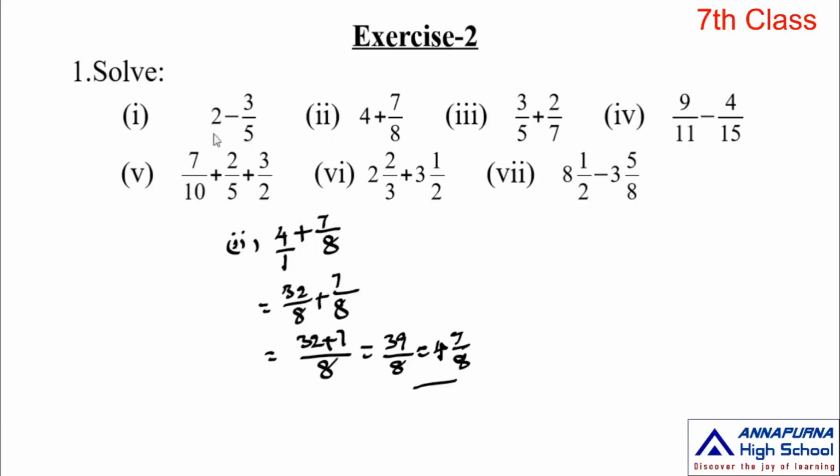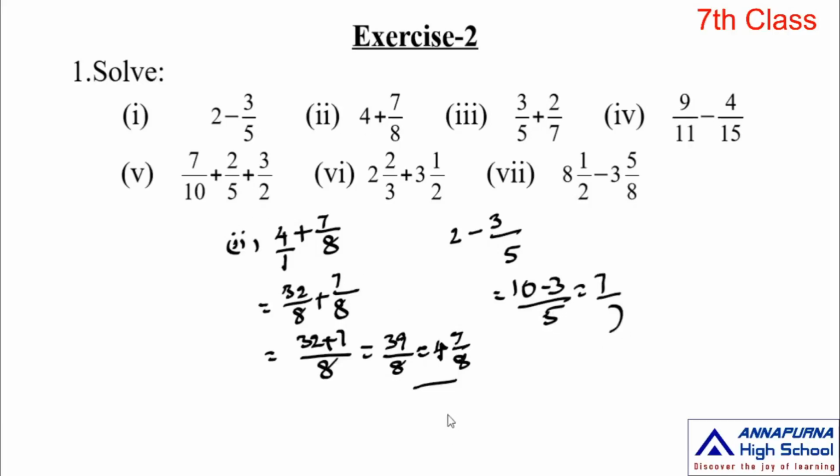So here, if you take the first one, we can do the same problem like this. Here we are subtracting a fraction from a whole number. You need not convert into like fractions; just cross multiply. 5 twos, how much? You can do it like this also. 5 twos are 10 minus 3 by 5, which is equal to 7 by 5.